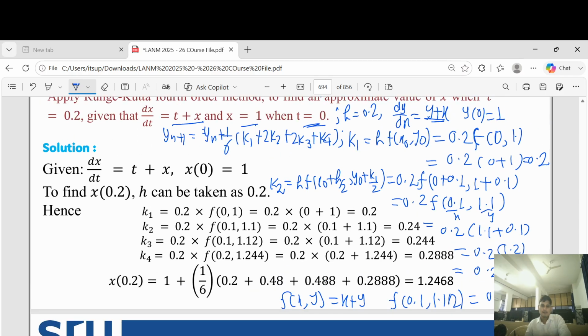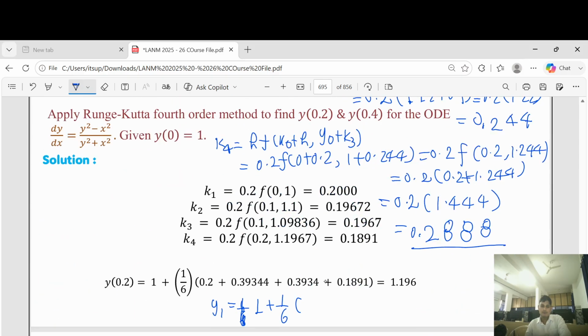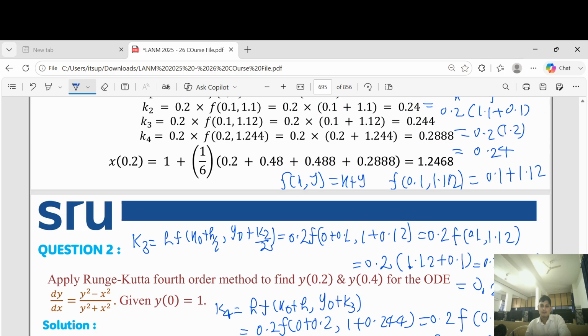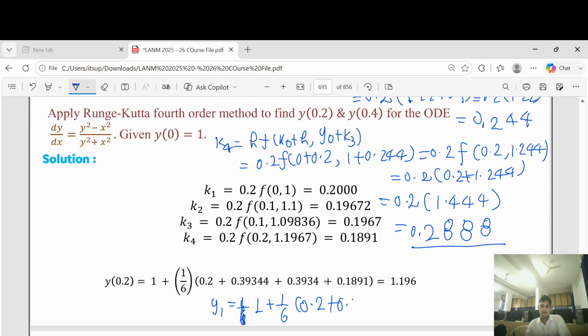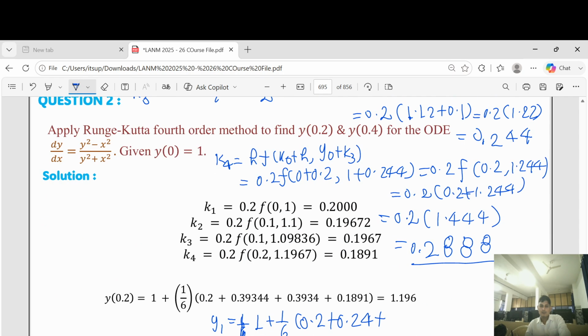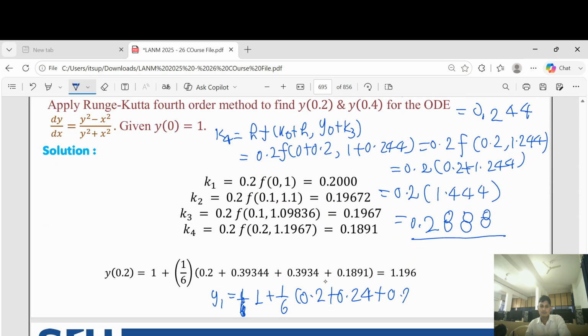K1 value is 0.2, K2 value is 0.24, K3 value is 0.244, and K4 value is 0.2888.